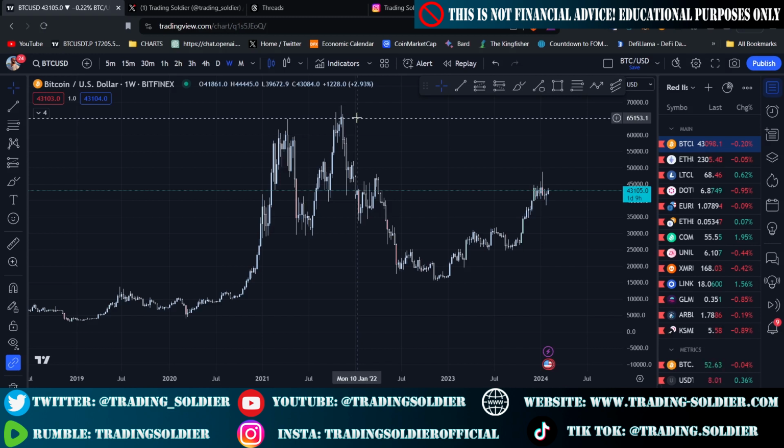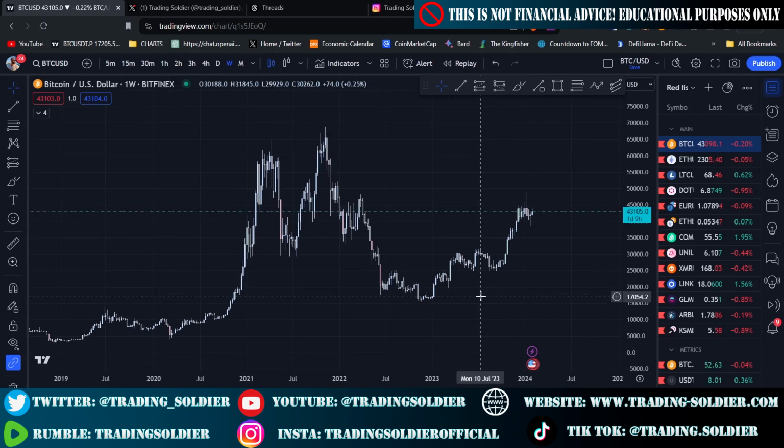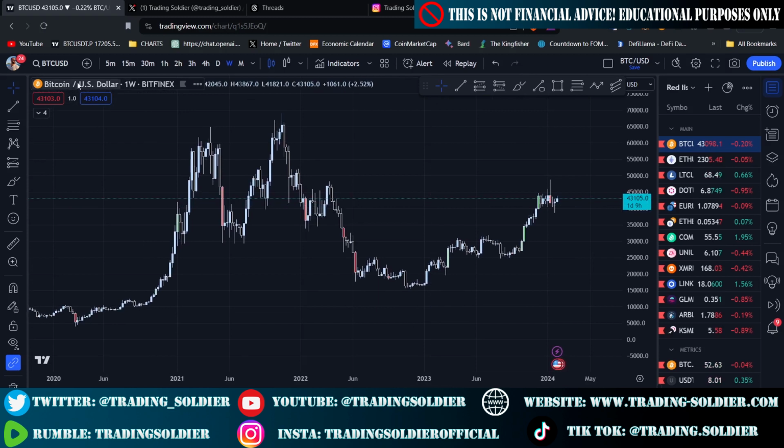Basically, the principle behind the support and resistance trading strategy is this. Right now we are looking at the Bitcoin USD chart in the weekly time frame. Identifying support levels means identifying prices where a lot of people are willing to buy the asset.